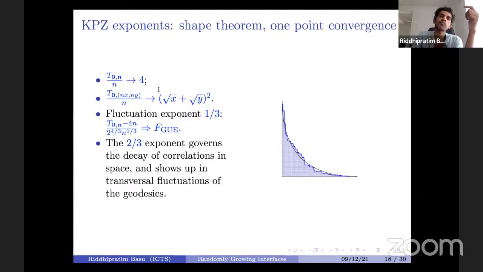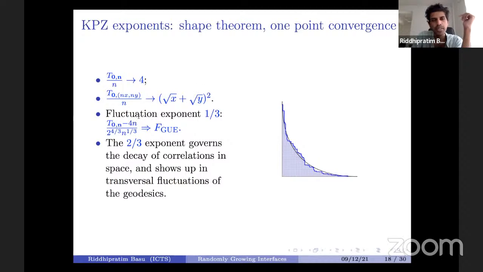The limiting shape can actually be obtained explicitly in this case. One can show that if you're going in direction x comma y, your speed is of course linear, but after you scale by the speed, you get this shape, square root x plus square root y, whole squared. In particular, if you put x equal to y equal to 1, going in the diagonal direction, your speed is 4. And then, as I was saying, the fluctuation exponent 1/3 is also known rigorously in this case.